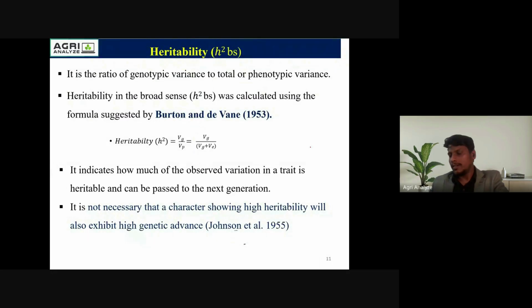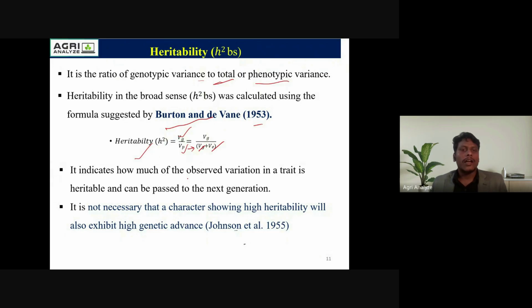Coming to the next slide, this is heritability in the broad sense. Heritability is the ratio of genotypic variance to phenotypic variance. The formula was suggested by Burton and DeVane in 1953. Here, genotypic variance divided by phenotypic variance, where phenotypic variance is equal to genotypic variance plus environmental variance.